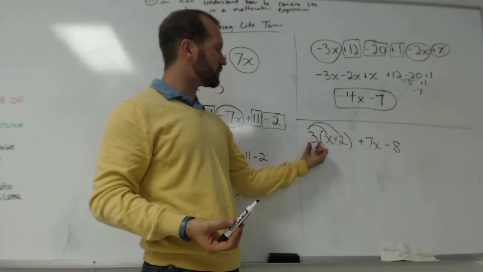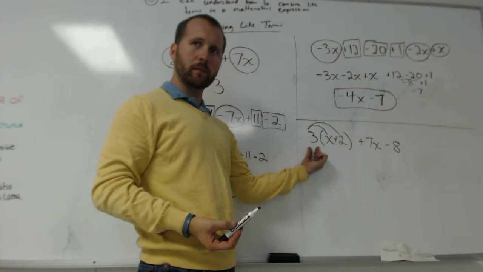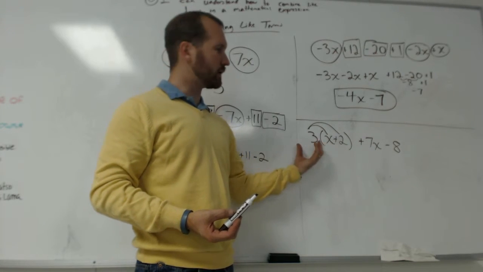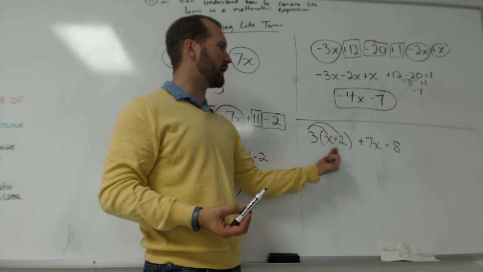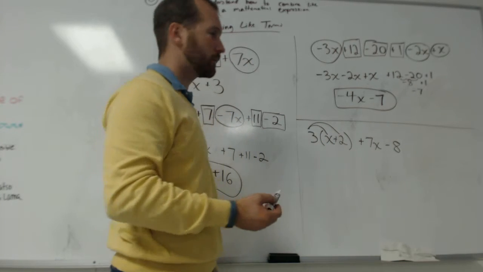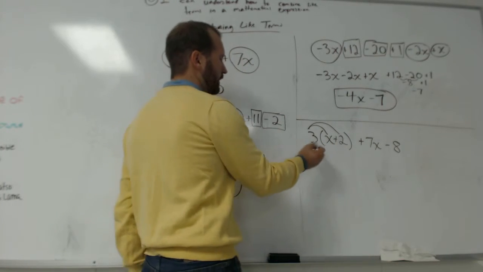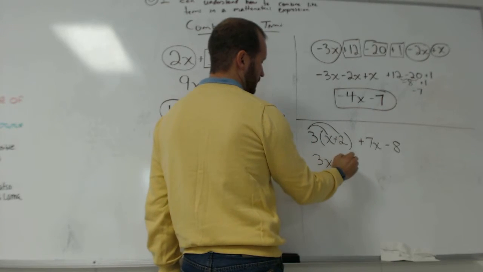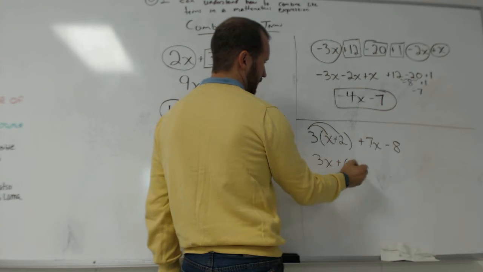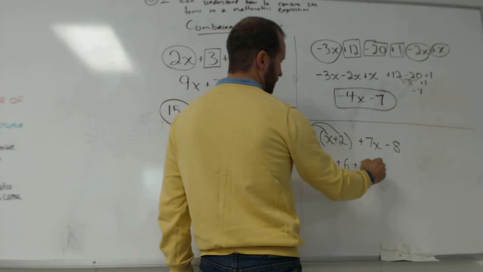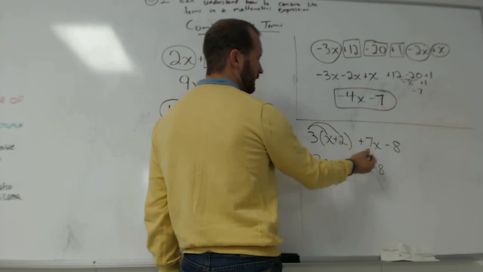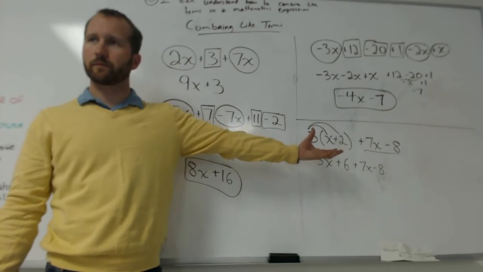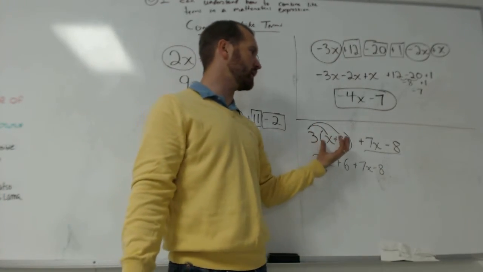If I have a distributive property type of problem, I have to do that first. I have to deal with these parentheses before I start combining like terms. So 3 times x is 3x. 3 times 2 is 6. Plus 7x minus 8. The 3 isn't going to touch these things because they're outside of the parentheses.